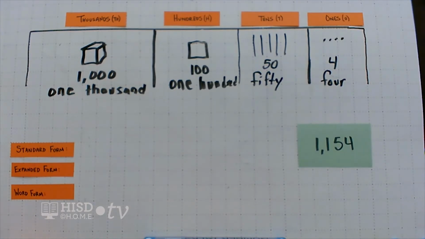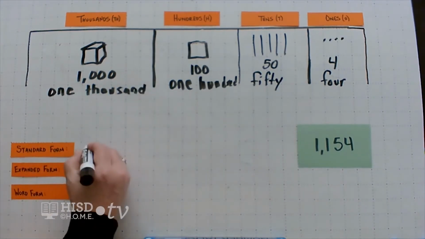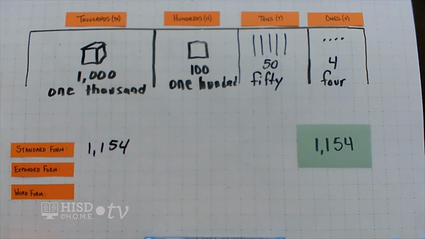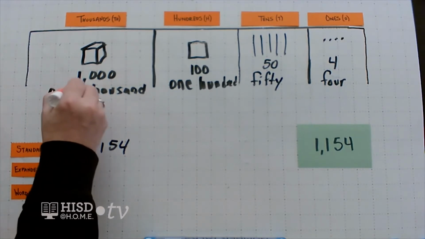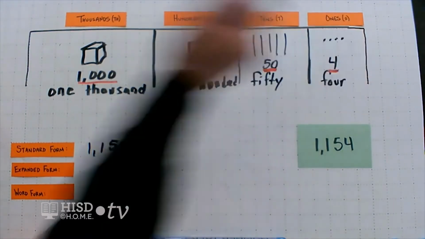So what does standard form mean again? Standard form is just the representation of the number, and so we can see that on our card, and we can see that 1,154. When we move into expanded form, we're looking at the sum of the place value positions, which will be the 1,000, the 100, the 50, and the 4.